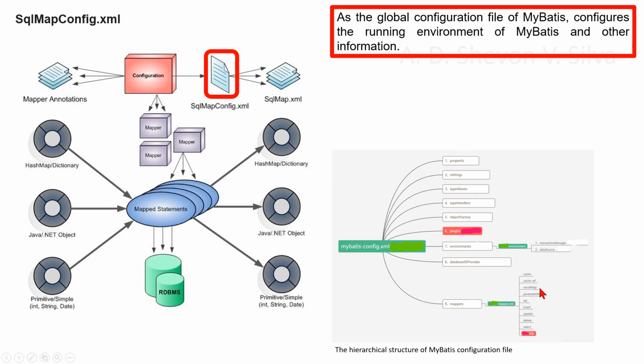Result map: the most complicated and powerful element that describes how to load your objects from the database result sets. Parameter map is deprecated, an old school way to map parameters. Inline parameters are preferred and this element may be removed in the future, so it is not documented now. And SQL: a reusable chunk of SQL that can be referenced by other statements.